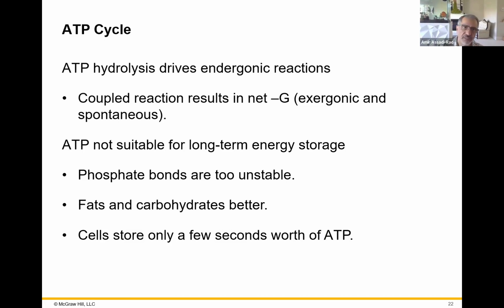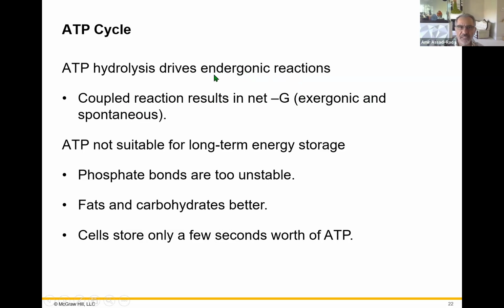So hydrolysis of ATP drives, what he means is storing energy in some other molecules. I'm saying it's an exergonic reaction, not endergonic reaction. But anyhow, coupled reaction results in minus G. If it is minus G, it's exergonic.